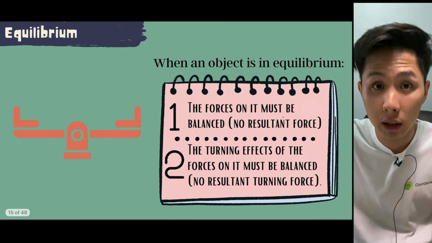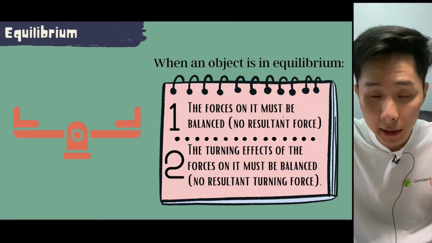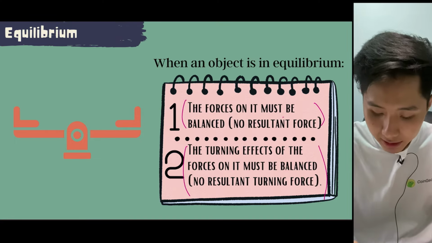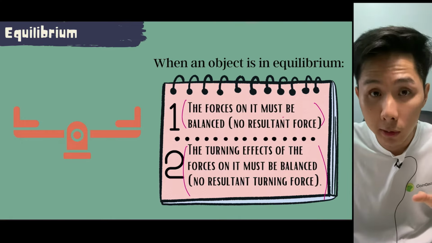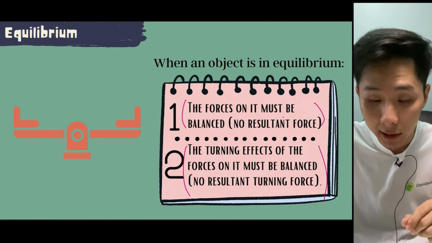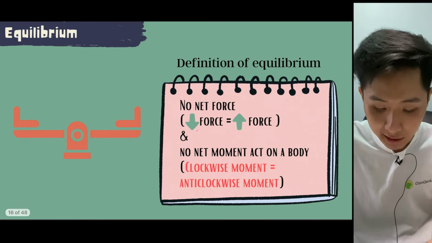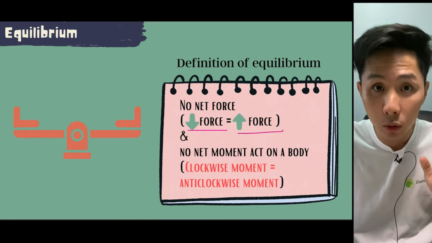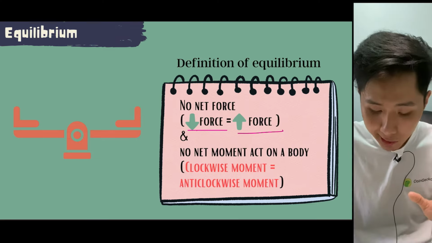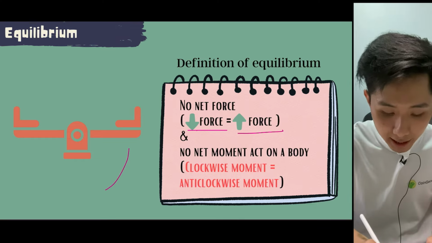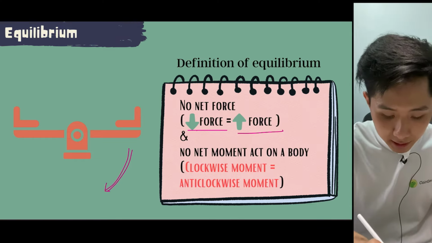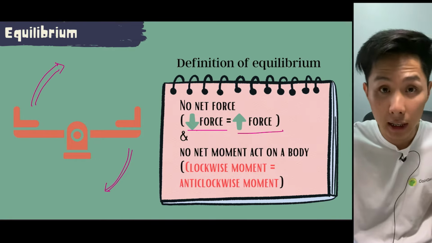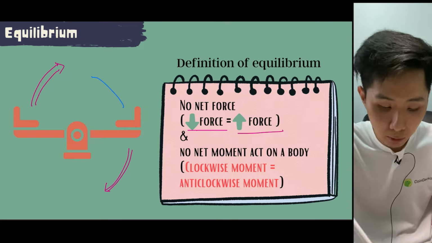For something to achieve equilibrium, two conditions need to be met. The forces must be balanced, and the turning effect must also be balanced. In this seesaw example, it means the downward force has to be equal to the upward force, and the clockwise moment, as represented by the pink arrow here, has to be equal to the anti-clockwise moment.